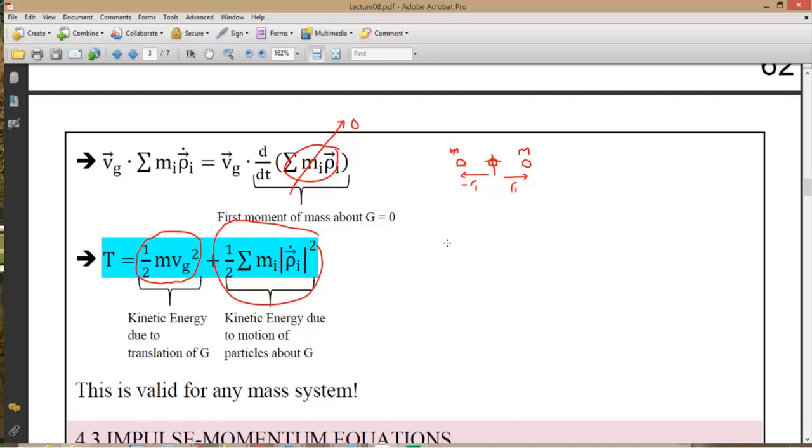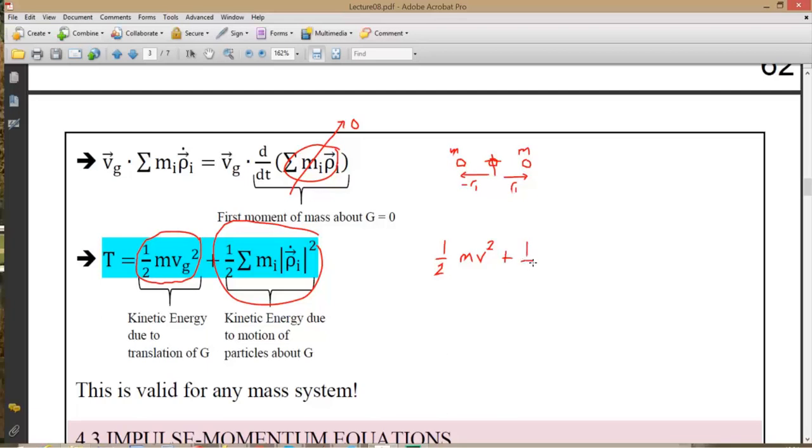And you might disagree with me and say that, well, we know from our previous lectures that we have m times v squared for the particles. Yes, this is for the particles, but when you talk about the kinetic energy for rigid body systems, then you also need to account for the extra term due to the rotation of the rigid body.